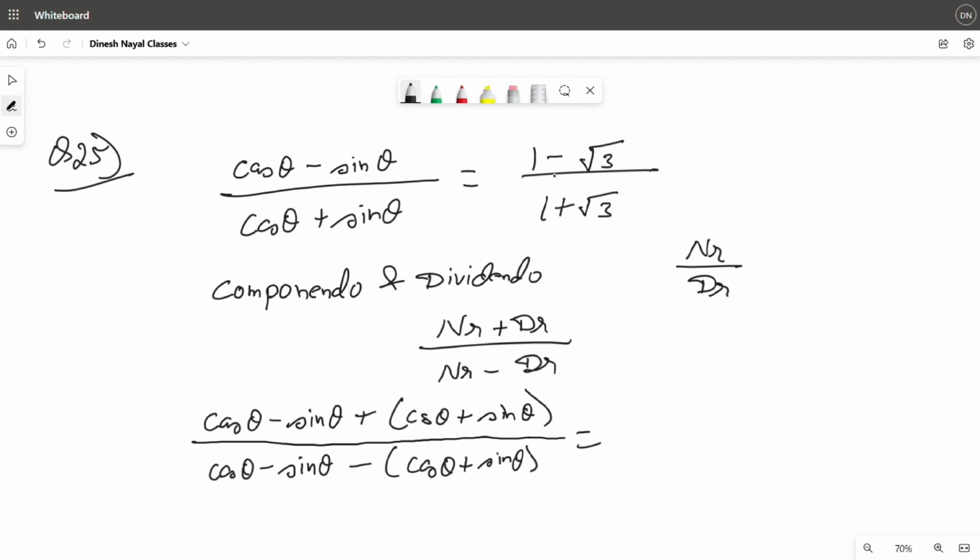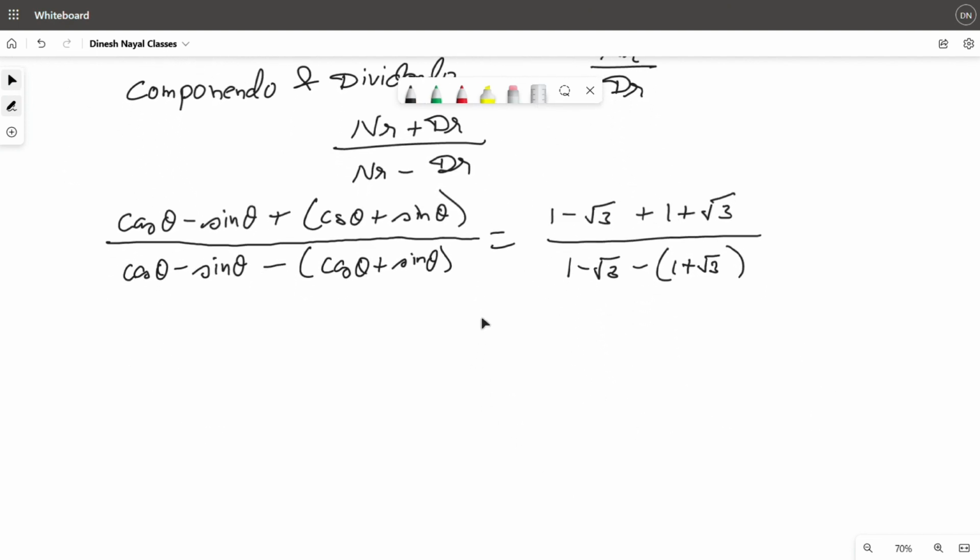Same thing on the right hand side: numerator plus denominator, 1 minus root 3 plus 1 plus root 3, whole upon numerator 1 minus root 3 minus, in bracket, 1 plus root 3, the denominator.